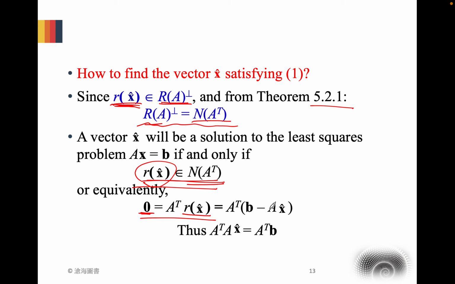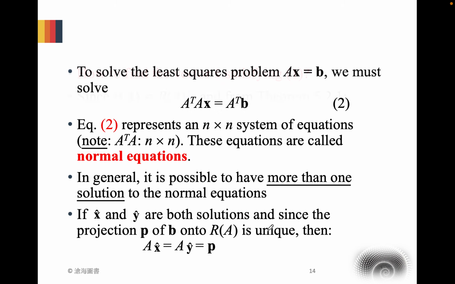If we rewrite, then we get A transpose A x hat is equal to A transpose B. So the vector x hat we want to find should satisfy this equation: A transpose A x hat is equal to A transpose B. So to solve the least square problem, we must solve this system.